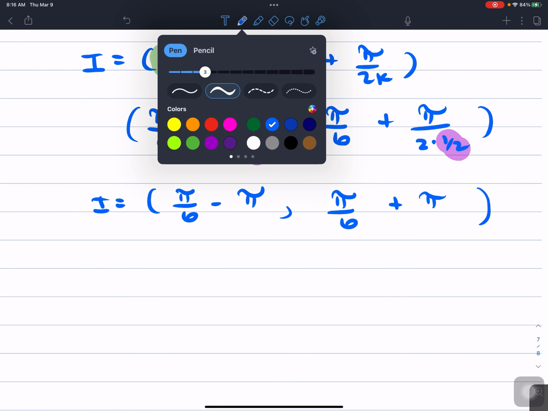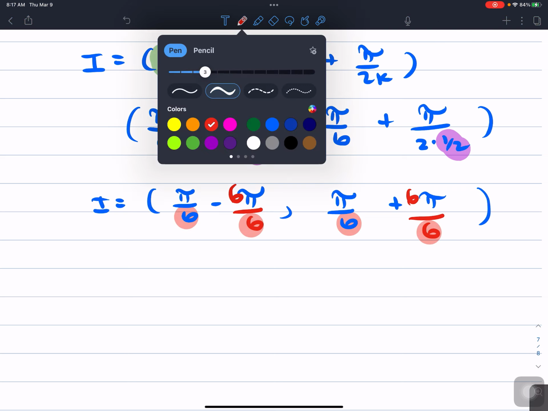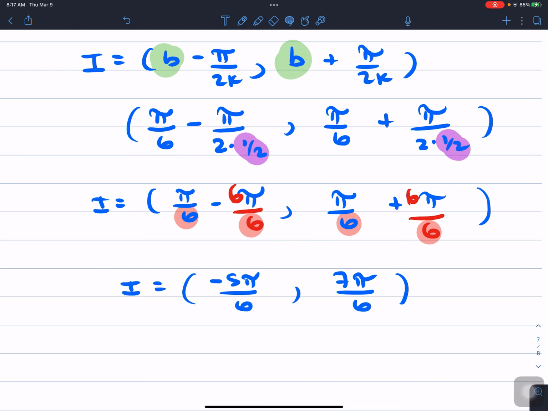Now what do you guys have to do with the algebra, right? 6 over 6. 6 over 6. Why? Same denominator. You got to have that same denominator to add or subtract. So we have pi minus 6 pi. What does that give you? Is that negative 5 pi over 6? You got pi plus 6 pi. What does that give you? 7 pi over 6. Again, you have the what here.